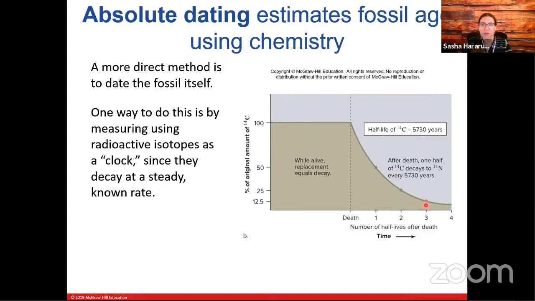If we find a fossil that contains 12.5% of the 14C contained in live organisms, we can infer that it lived 5,730 years multiplied by 3, because 12.5% of the original carbon-14 content corresponds to 3 half-lives of carbon-14.